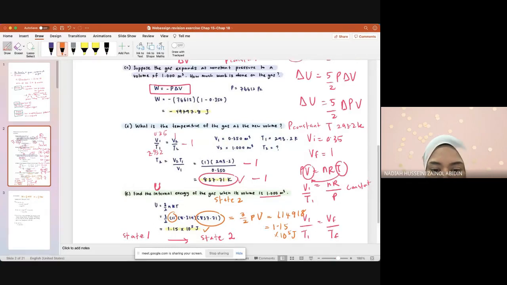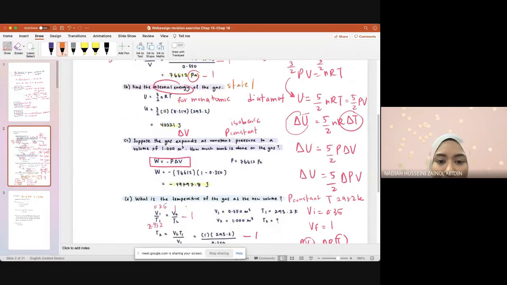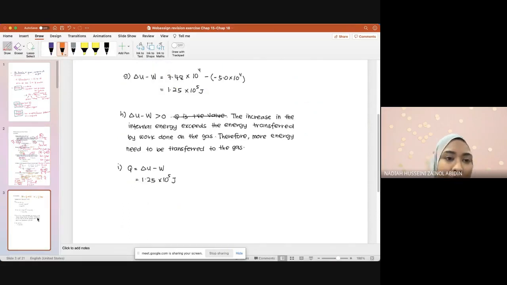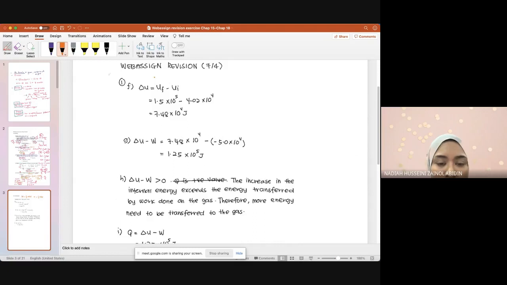So state 2 is 1.15 times 10 to the 5, and then state 1 is 40221. So that is how Anis Nadira did it. U final, the U at state 2 minus U at state 1, or basically U final minus U initial.